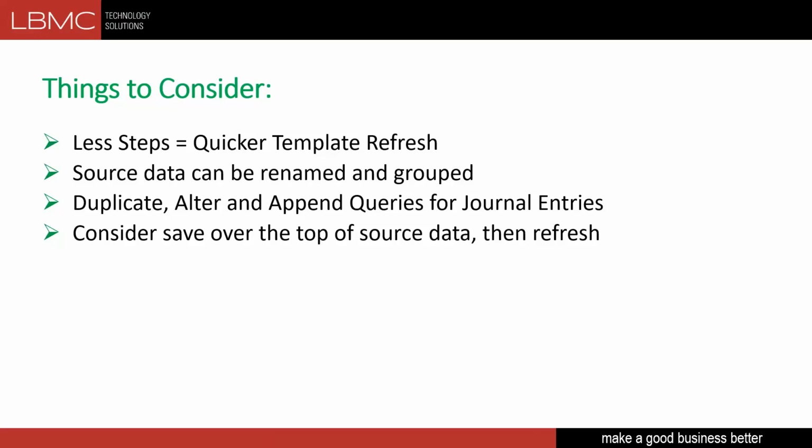Again, your data source can be renamed and regrouped. You can duplicate, alter, or amend your queries for journal entries. Consider saving over the top of the data sources and then refreshing.